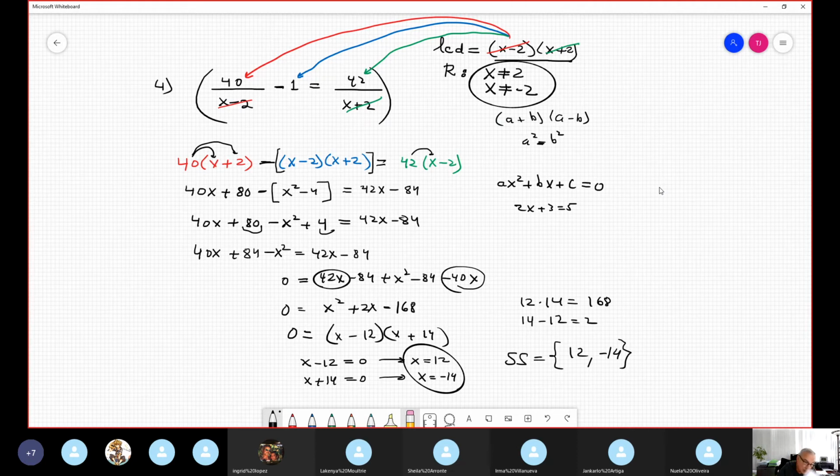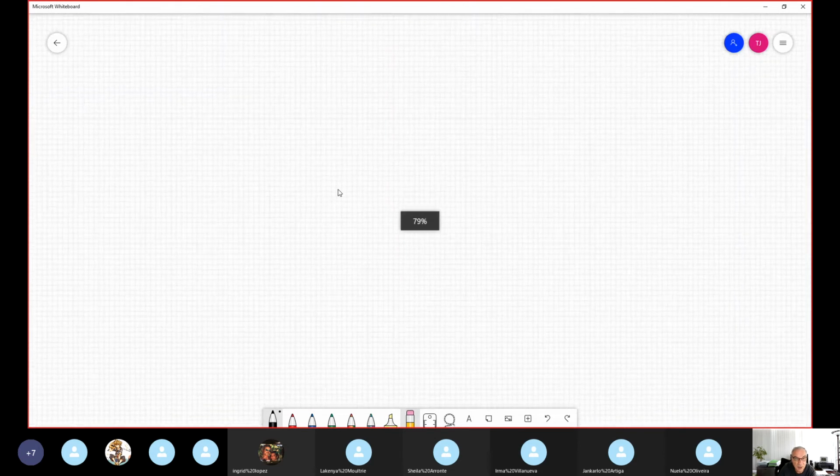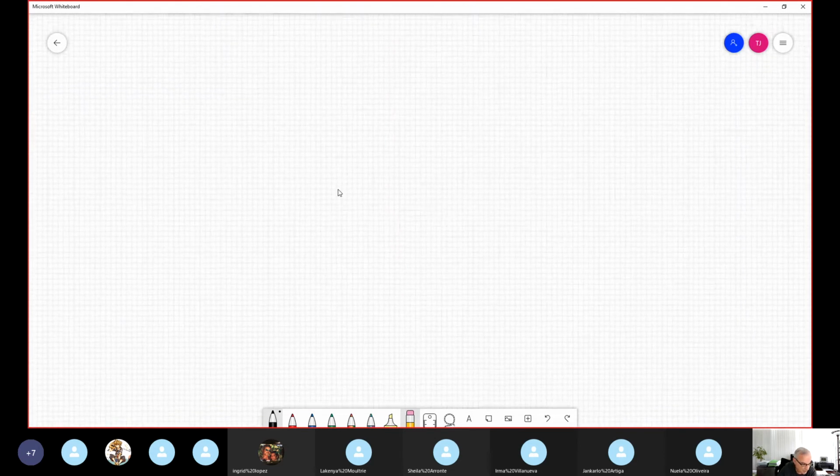I skip to 16. Worksheet 16 is variation. What is variation? Let me try to explain. Another topic, guys. Find the constant of variation and write the equation of variation. Okay, we have two kinds of variation.